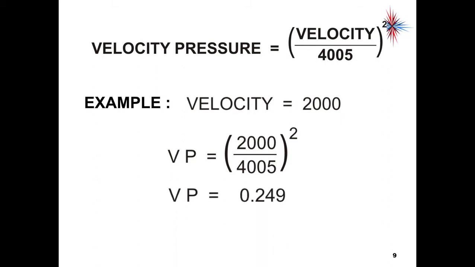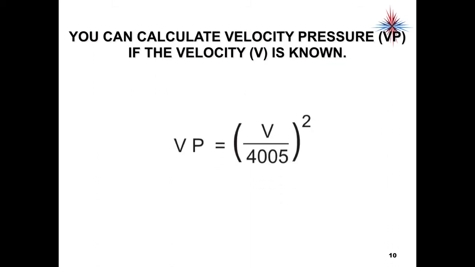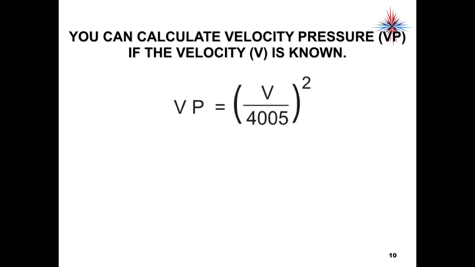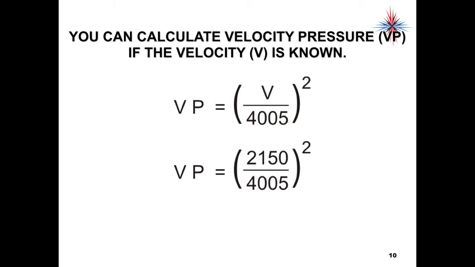So my velocity pressure is 0.249. You can calculate velocity pressure if the velocity is known. Again, for a velocity of 2150, divided by 4005 squared, my velocity pressure is 0.288.